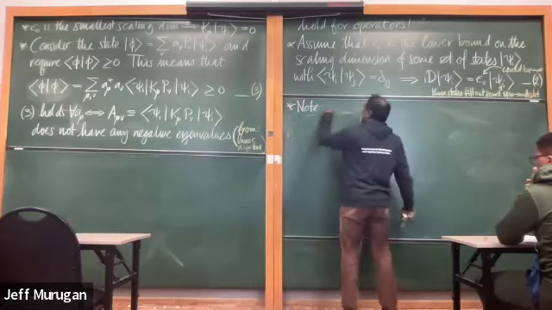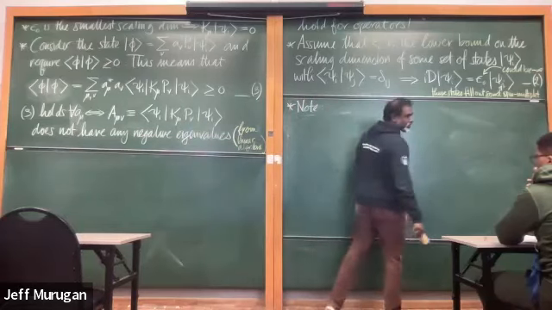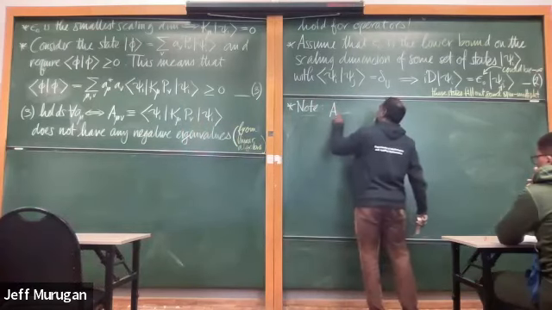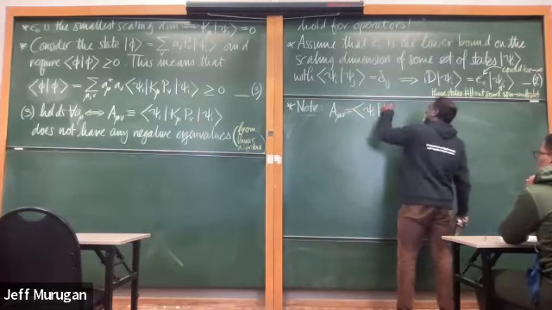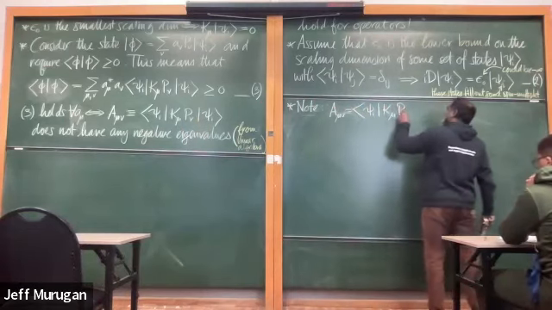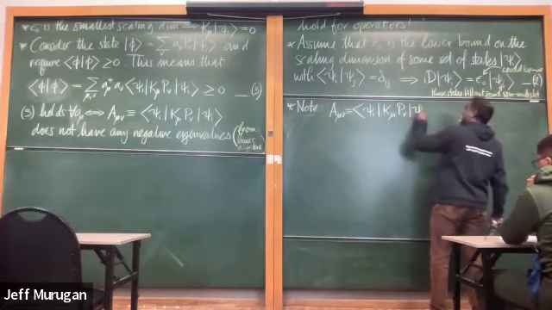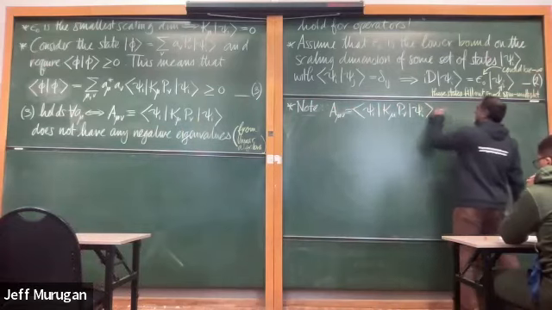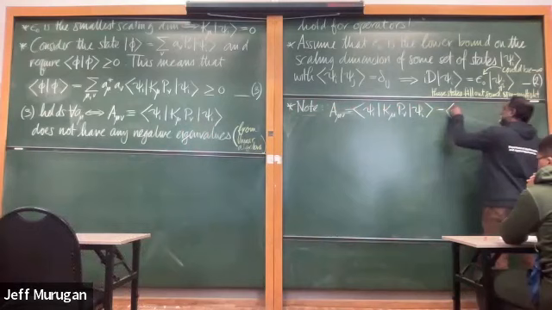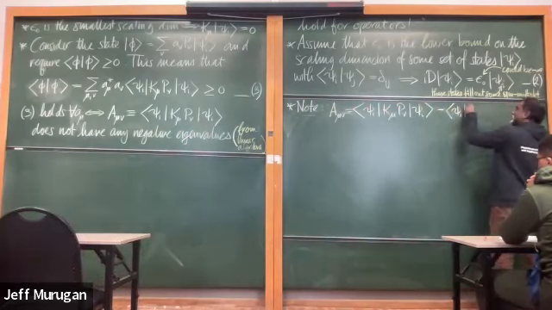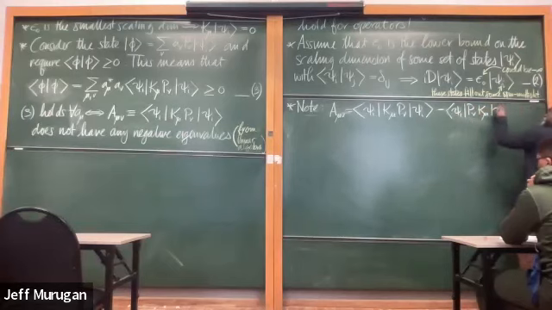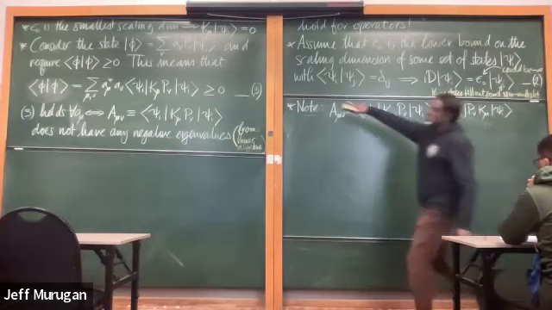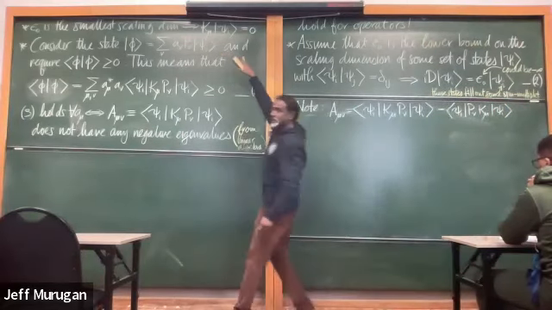Because a mu, a mu is psi I, k mu, p mu, psi I, minus psi I, p mu, k mu, psi I. And this is 0 because of that relation up there.